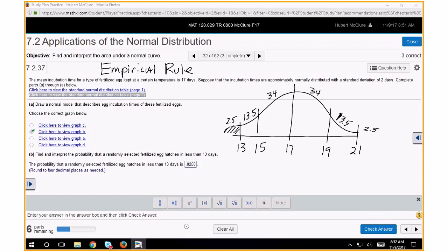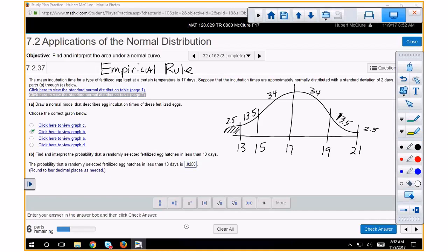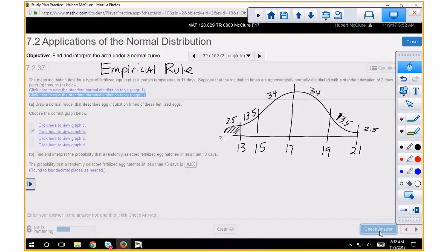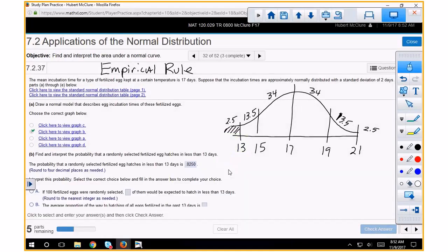And that's 2.5%. So I'm going to go through this question to kill 5 birds with 1 stone. But as far as an empirical rule question on the test, I would ask you 1 question, maybe 2 at the most. I wouldn't ask you 15 like they're asking. If I did, there would be fewer questions on the test.